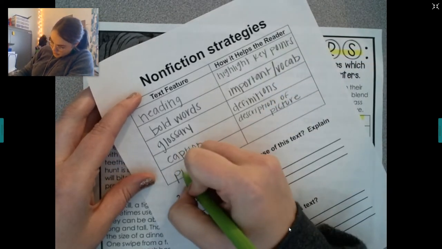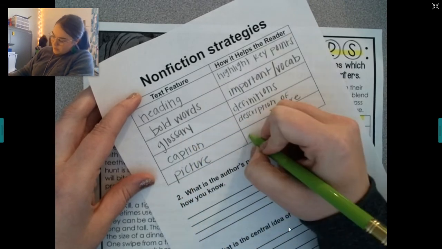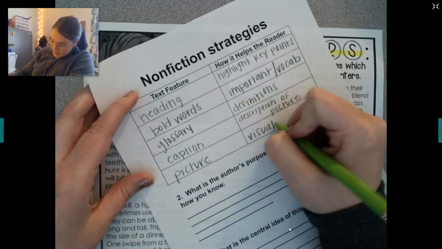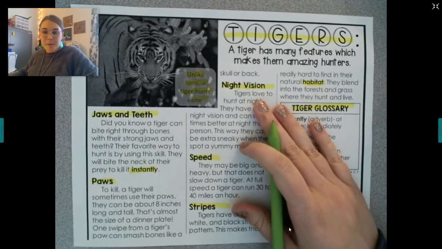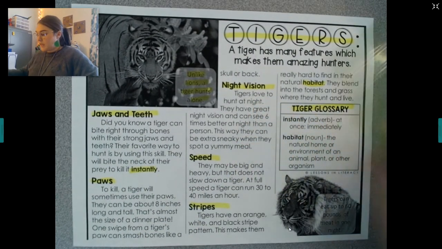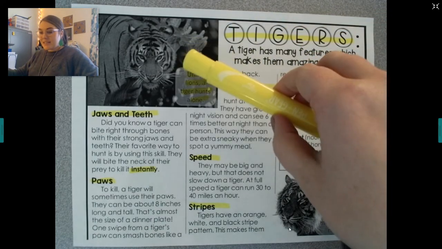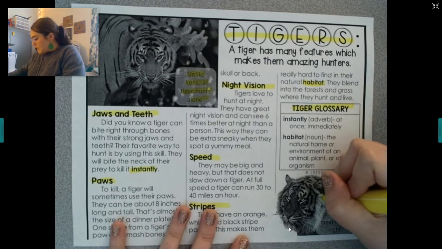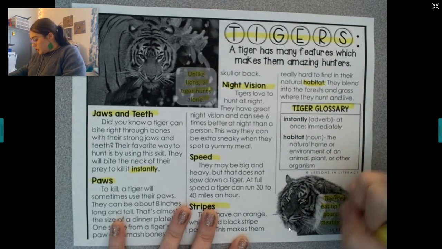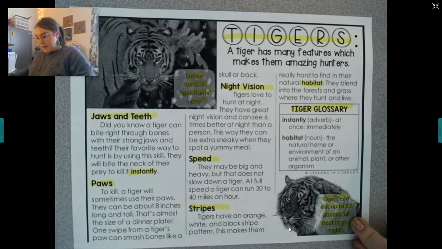And it has a picture. And pictures help me visualize. So, for example, you know what a tiger is. You've probably seen them in the zoo or on TV. But if it's some kind of animal you have never seen before, that picture will help you visualize and see what it looks like. I also see another picture and another caption that I'm noticing.